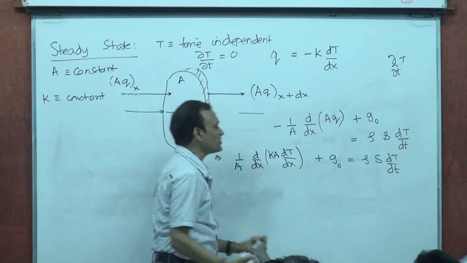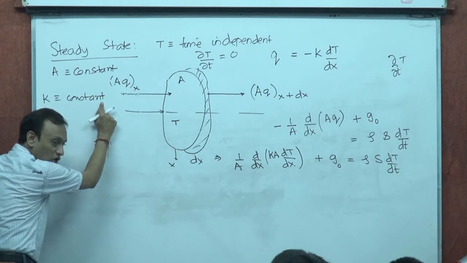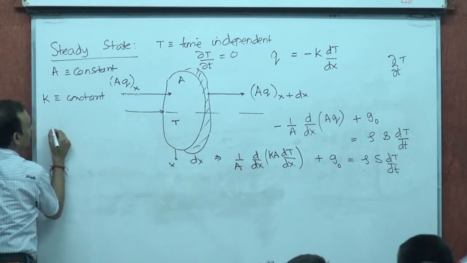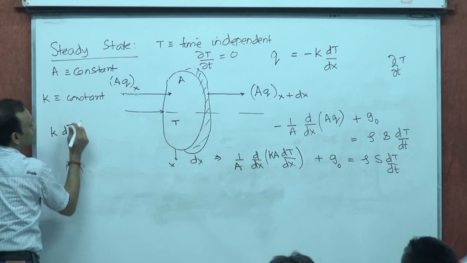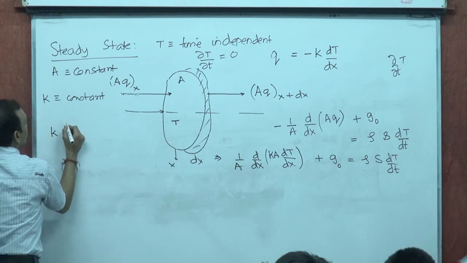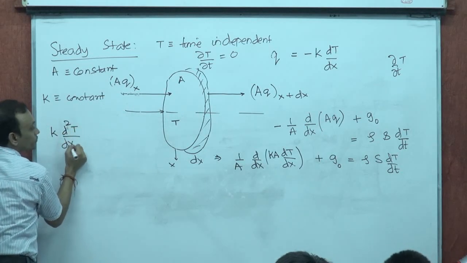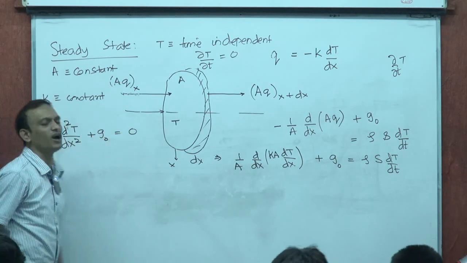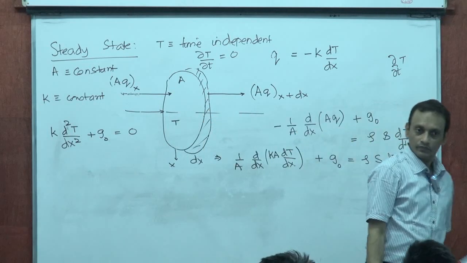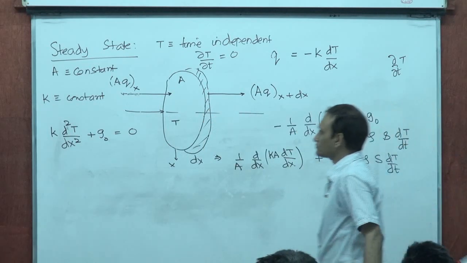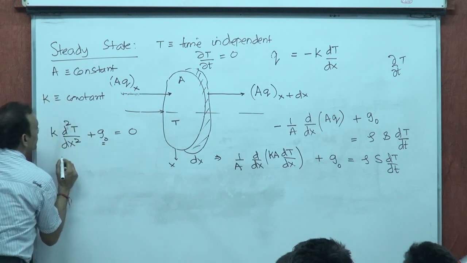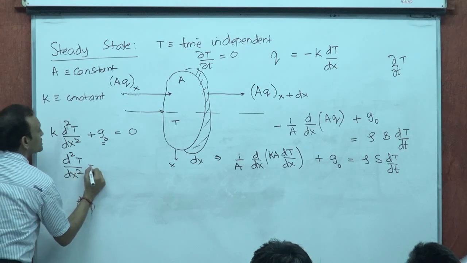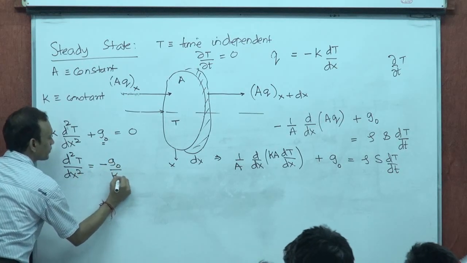But in the special case when K is a constant and A is a constant, this A would cancel this A, and then we have K times d2T/dx2 plus g naught is 0, since the right hand side would become 0. This would give me d2T/dx2 equals minus g naught by K.